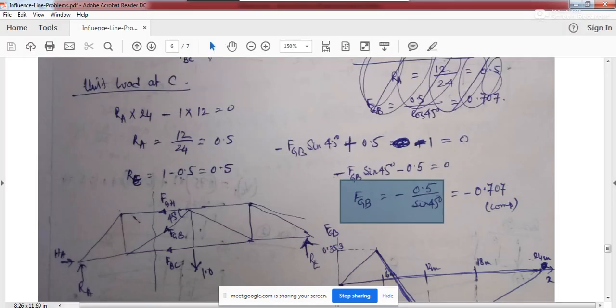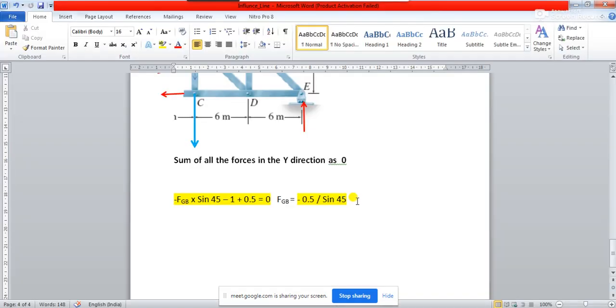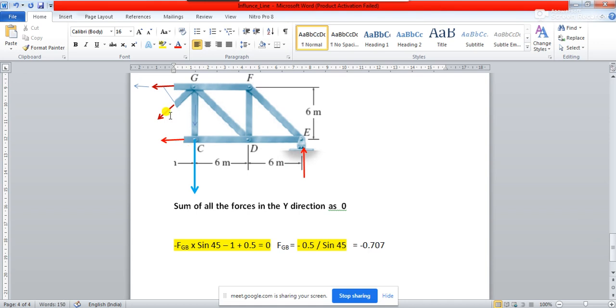If you calculate this value, you are going to get minus 0.707.